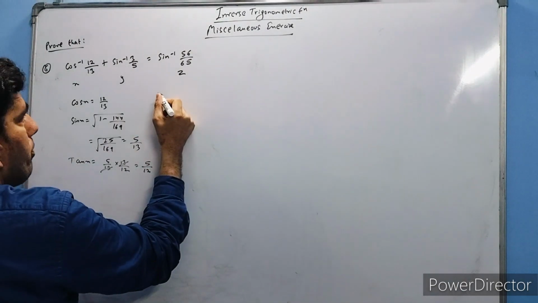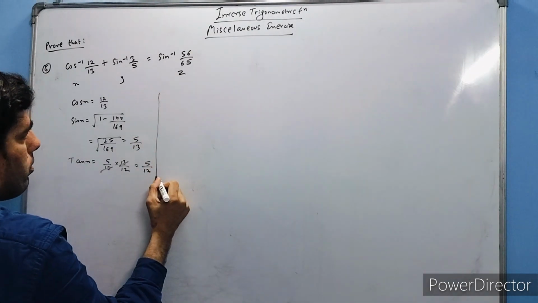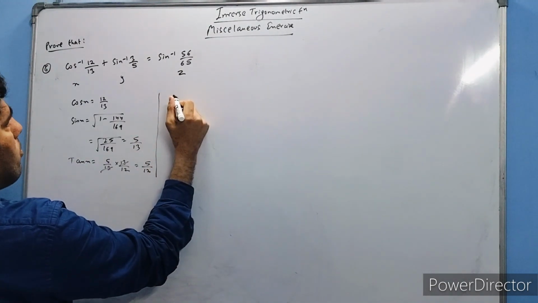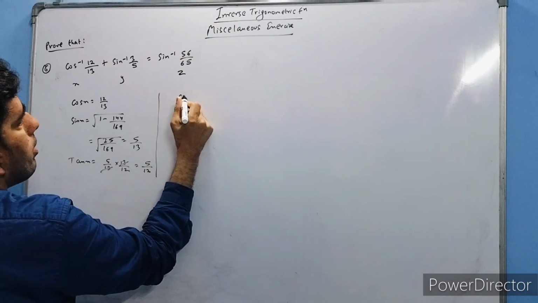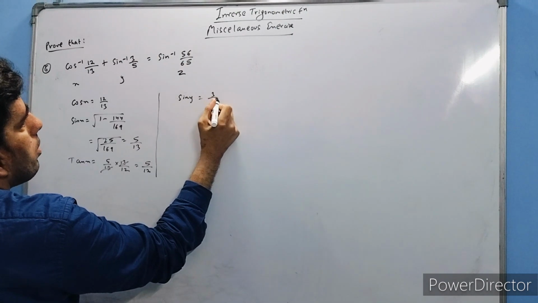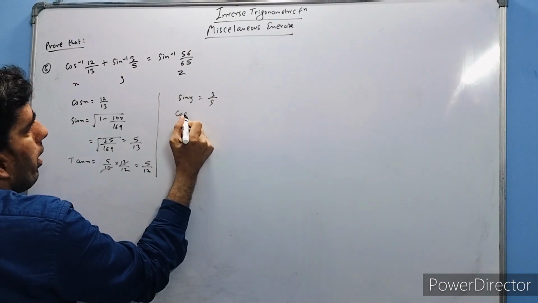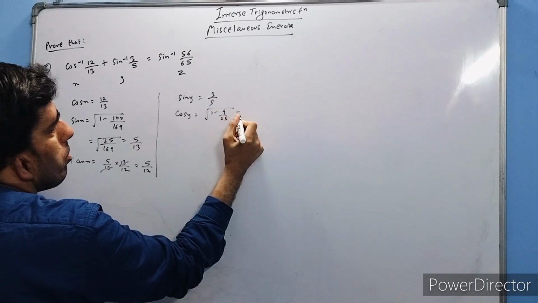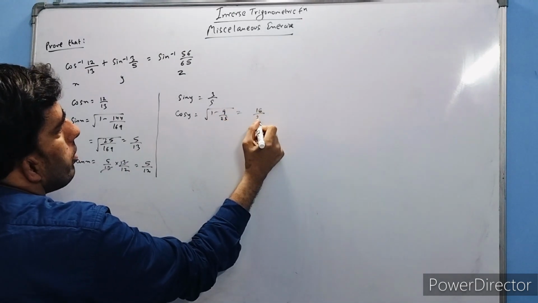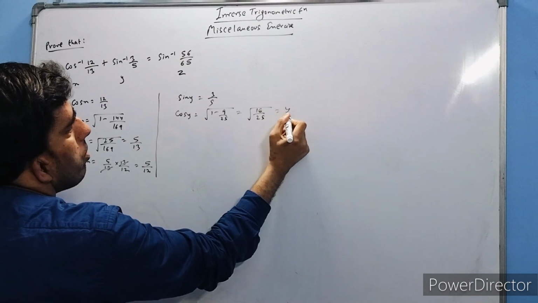Similarly, we try to find the value of y. Here they have given sin y is equal to 3 upon 5. So cos y will be the square root of 1 minus 9 upon 25. So we'll have 16 upon 25, so we have 4 upon 5.